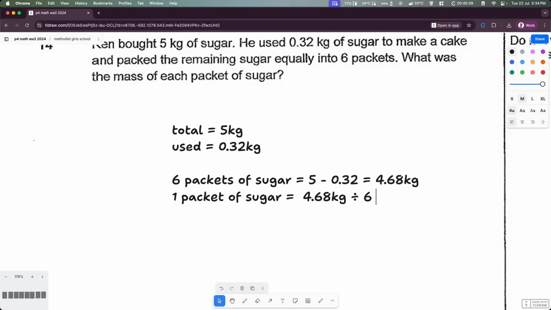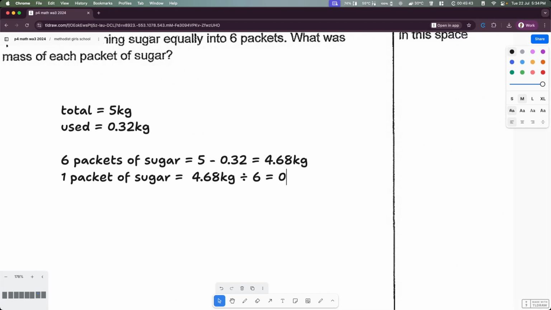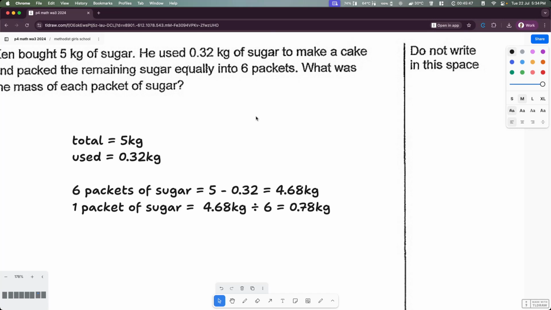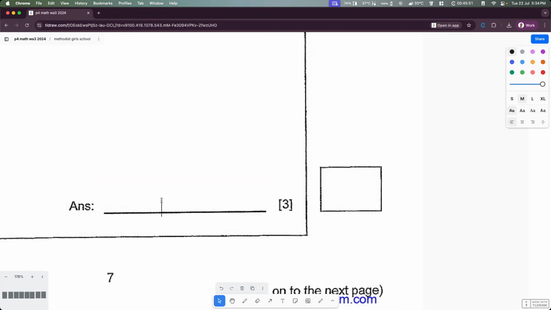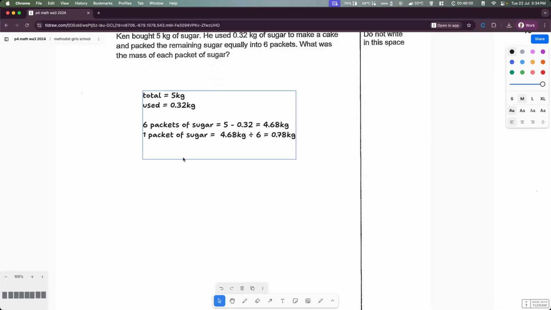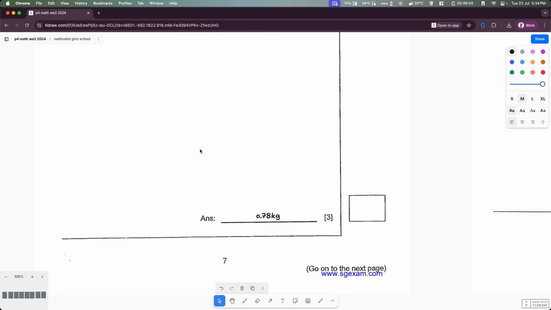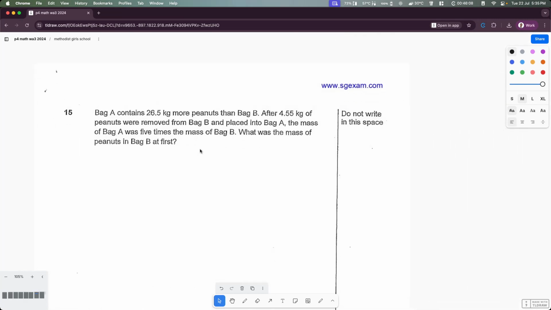So if you were to calculate it correctly, it should be 0.78 kg. Okay, so for each packet, the answer should be 0.78 kg. So you're gonna write it down. Make sure you write down your workings, double check your workings as well. Very, very important. All right, let's move on to the next and last question.